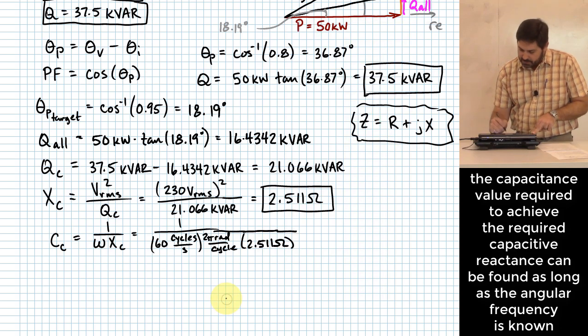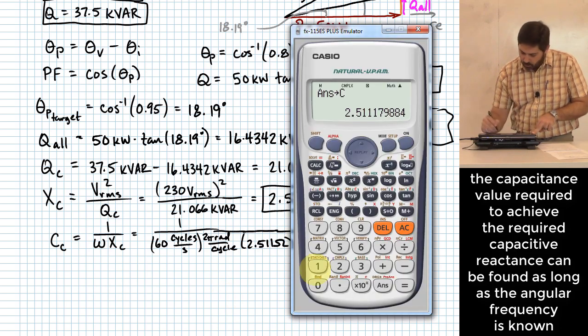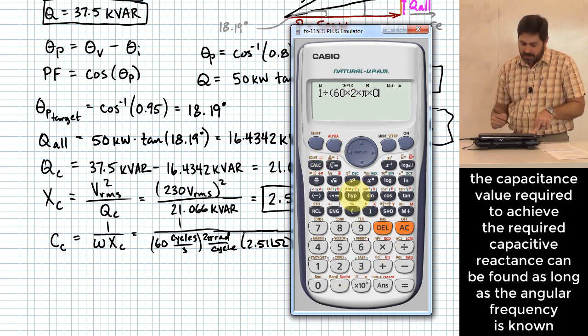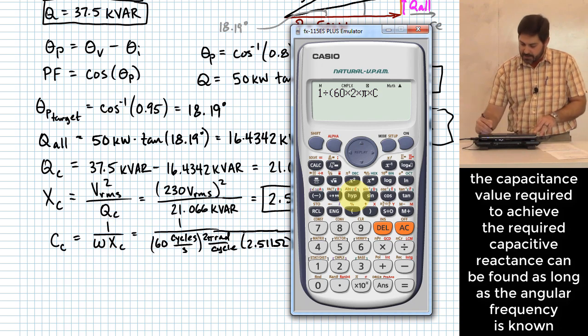Okay, so what this tells me here is that this should be 1 over 60 times 2 times pi times what I just stored in variable c. That was that amount of reactance.